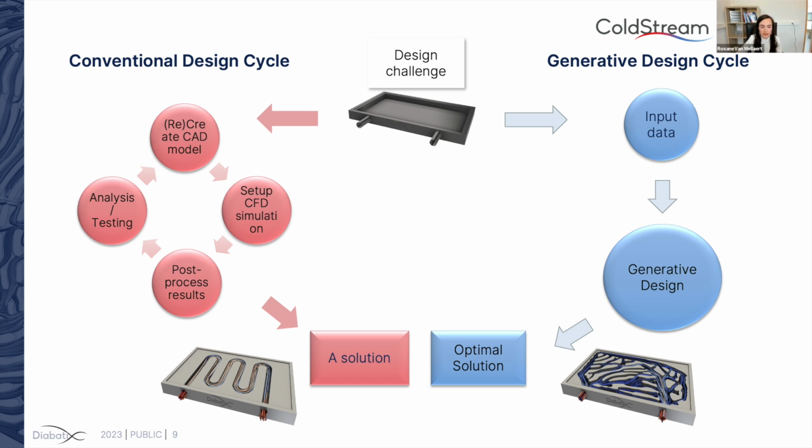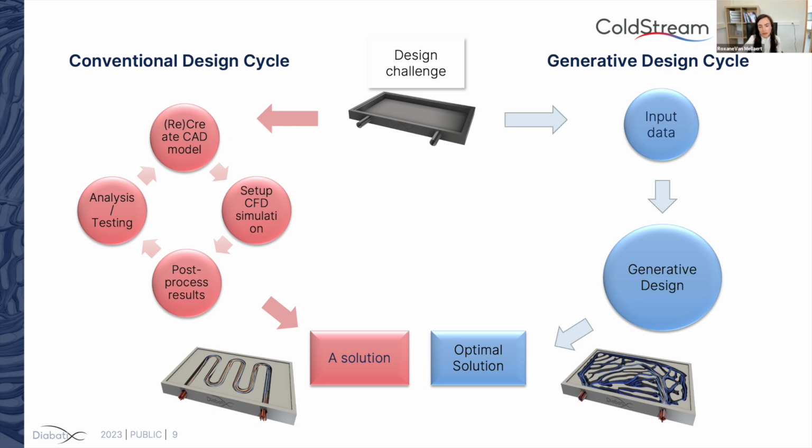You basically start with uploading your geometry without any cooling channels defined yet. Then you just specify your boundary conditions. You also specify your design targets. And then that's basically it. Then you just click on submit. Your case will be submitted to a supercomputer where an iterative design process will start, but it will go towards an optimal design.